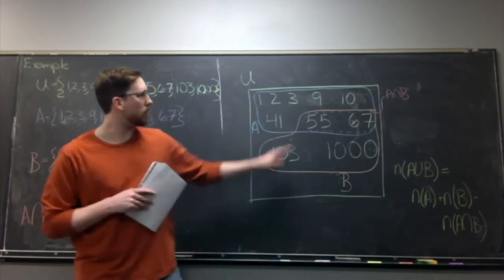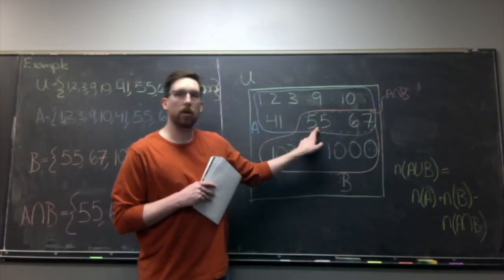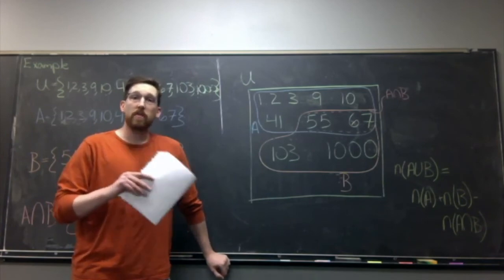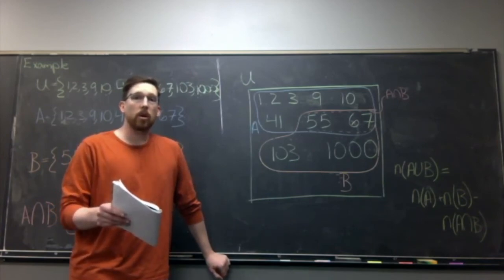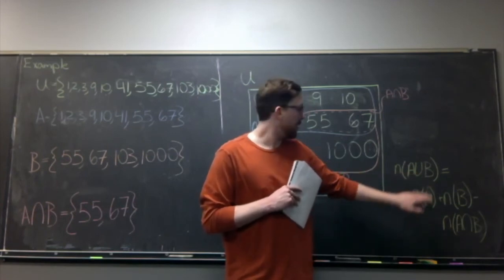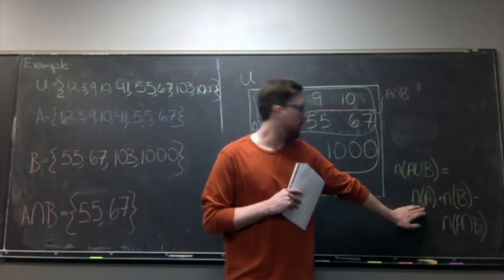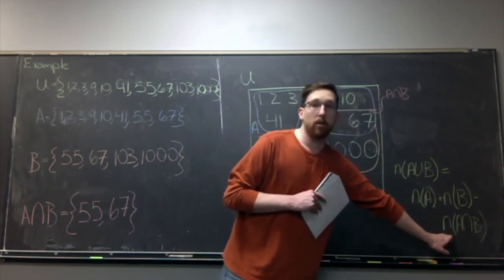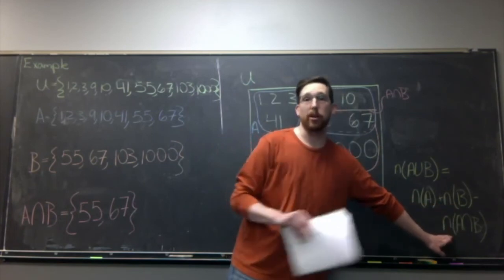Because look what happens. We have that intersection, right? So if we want to know the cardinality of the union of two sets, then we have to say, cool, the cardinality of the union of two sets is cardinality of set 1 plus the cardinality of set 2 minus the cardinality of their intersection.